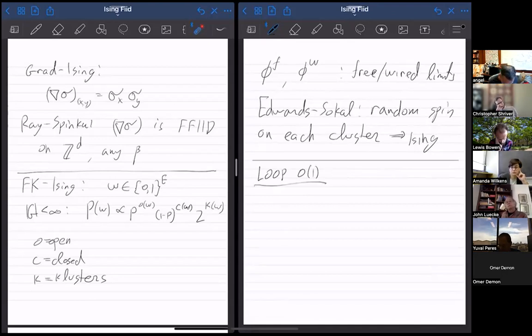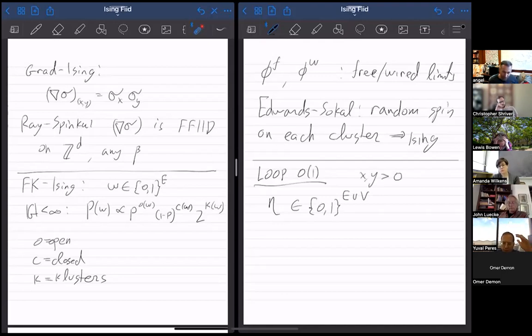So we have some configuration, let's call it eta, to stick with my notation. So eta is a configuration in {0,1} to the edges union vertices. So every edge can be open or closed, every vertex can be open or closed. And we have two parameters, x and y. x is related to the temperature and y is related to the magnetic field in Ising. So x and y are positive parameters.